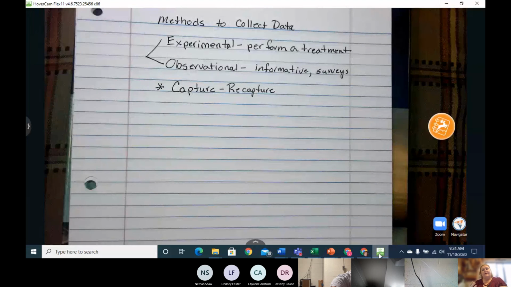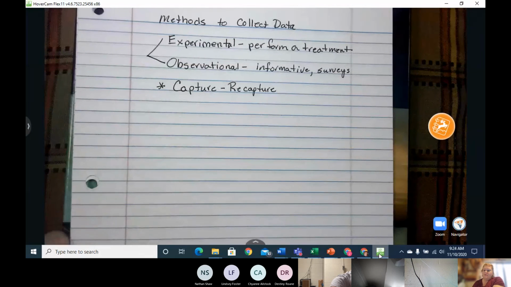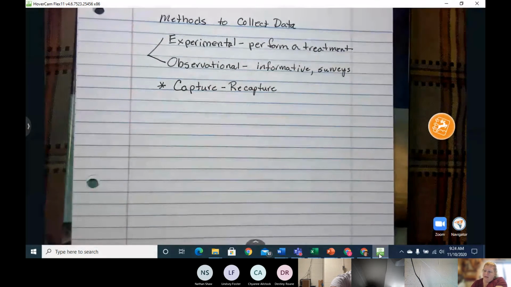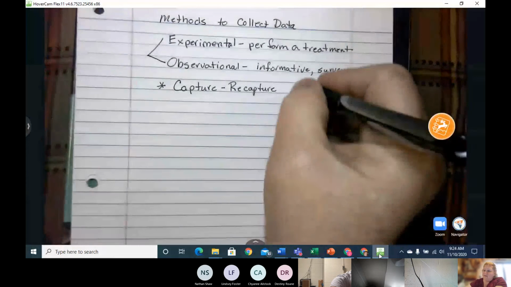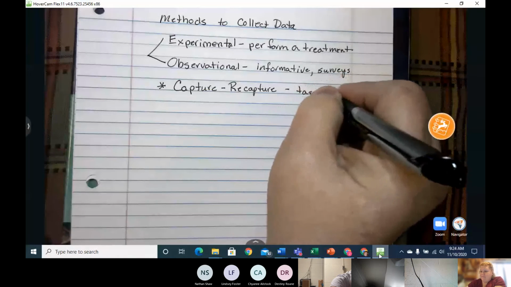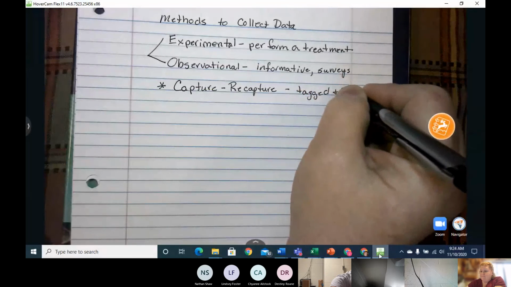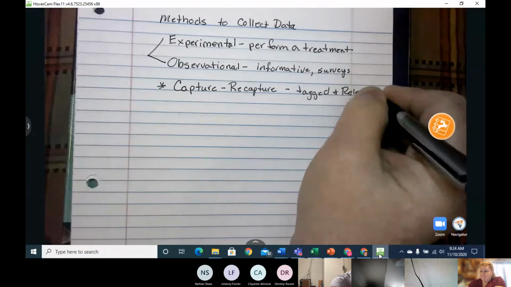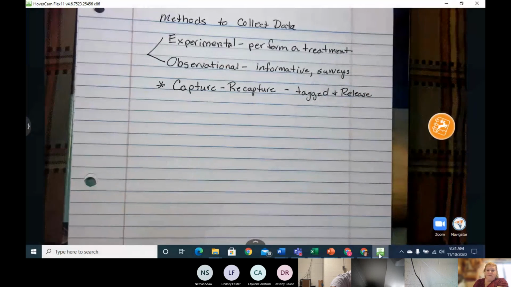And they have this method of counting them to determine how the population has grown or shrunk in that environment. So capture, recapture is sometimes called tag and release. And they use it to help monitor populations in particular.